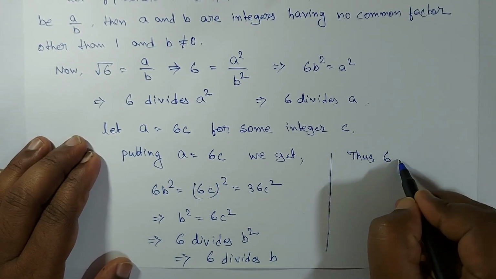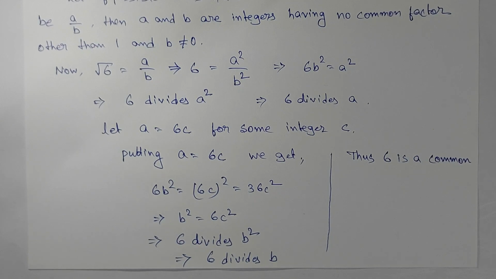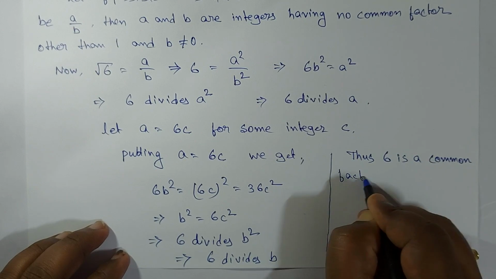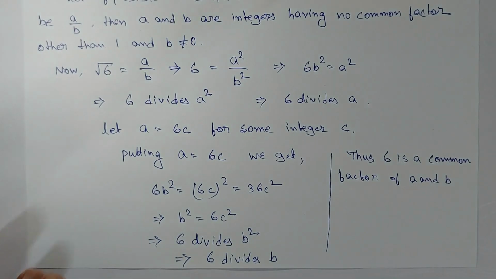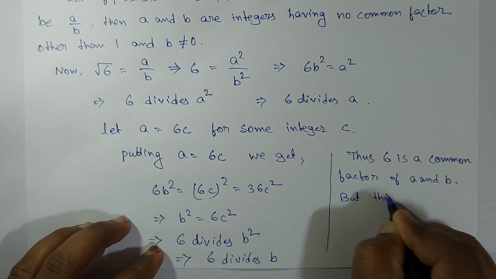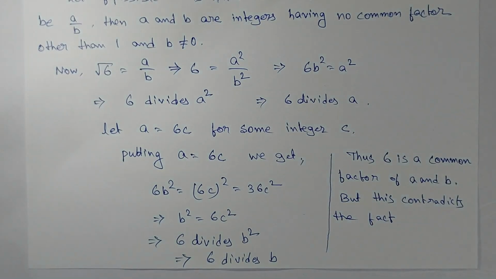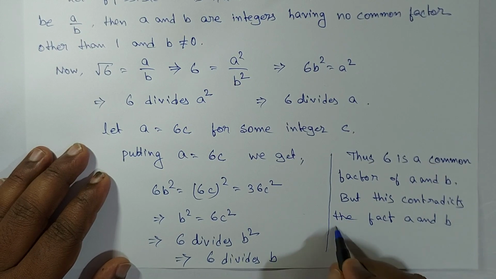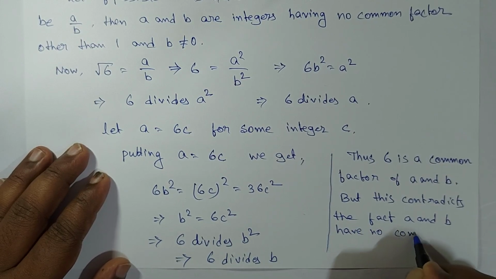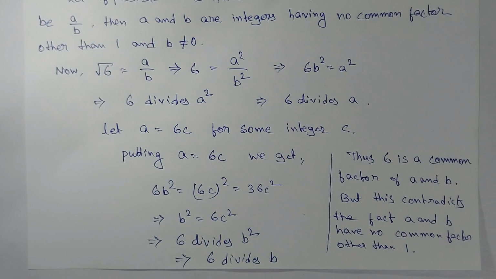Thus 6 is a common factor of a and b. But this contradicts the fact that a and b have no common factor other than 1.